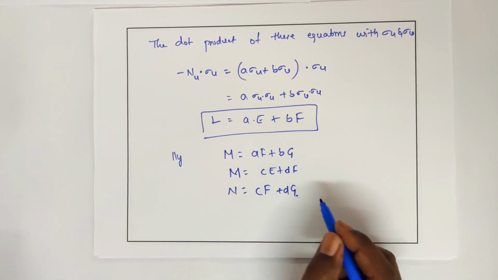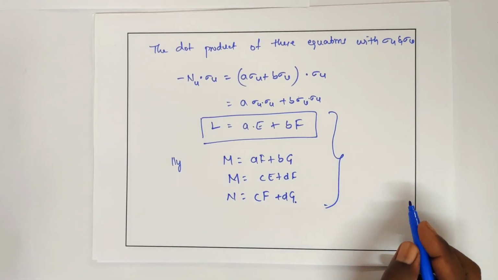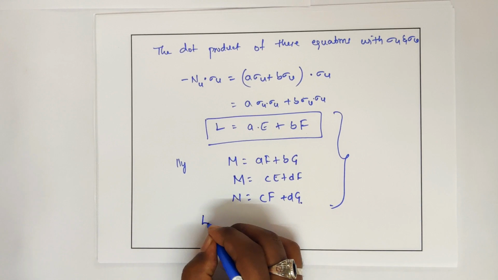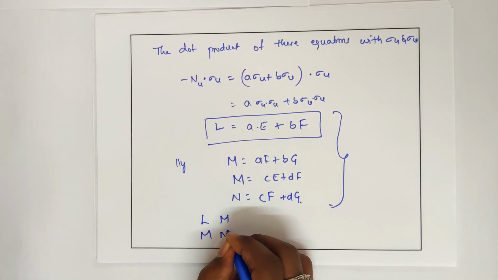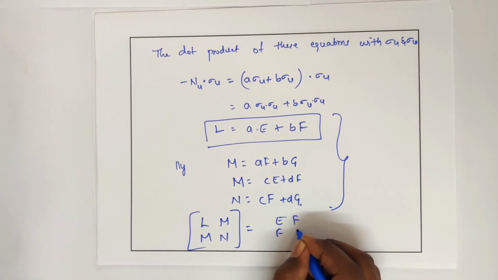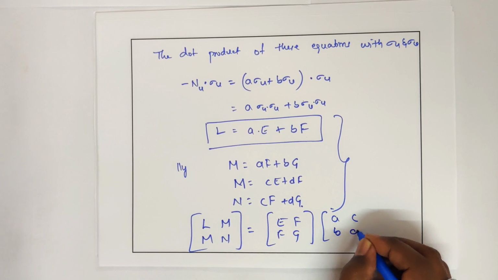So these are the various equations that we end up with. Now these four equations which we got, we can try to express in the matrix form. Let me write down here. If you write this as L M M N, this is nothing but E F F G times the matrix a c b d.